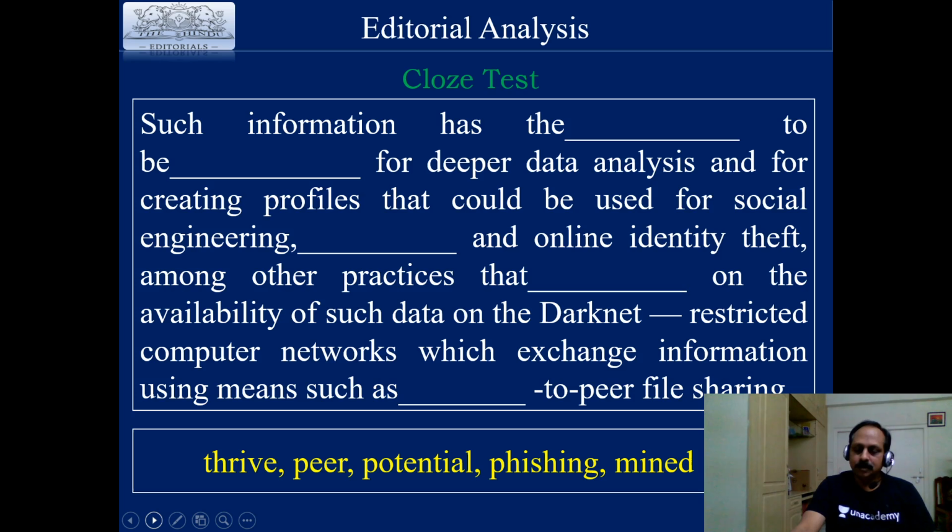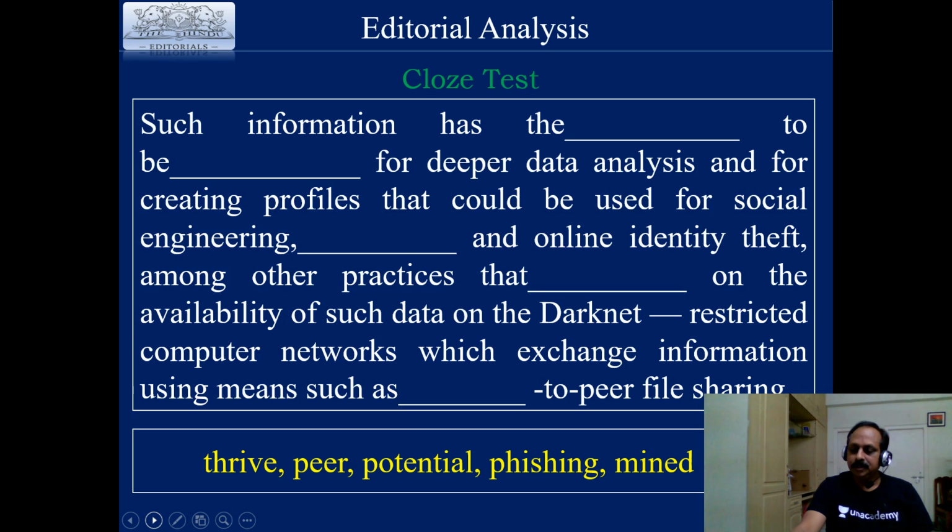Have a look at this cloze test, a short paragraph with 5 blanks, and you have to use the correct word in each blank. You could number. I will wait for all the 5. You have to write all the 5 words. Then I will say what is the right word for each blank. Optimus Prime says 1 potential.